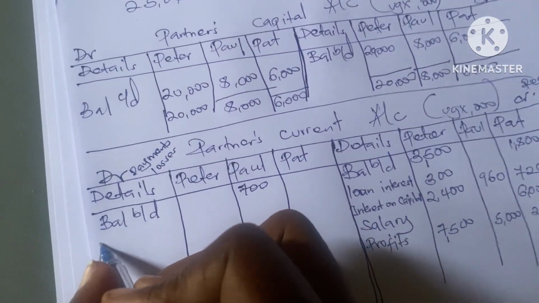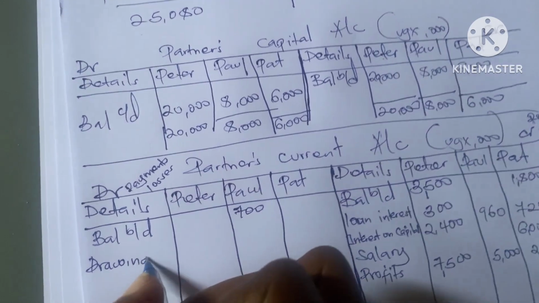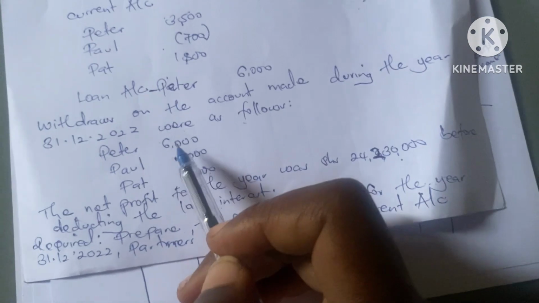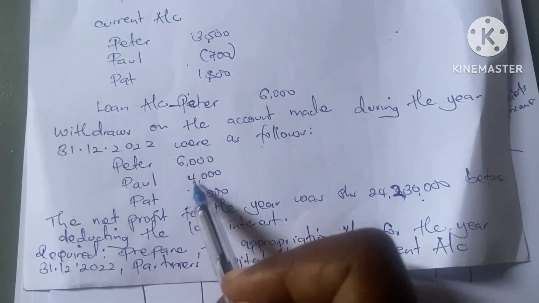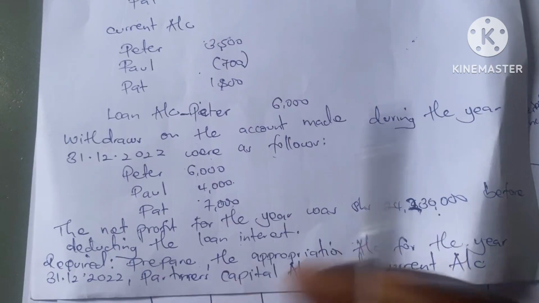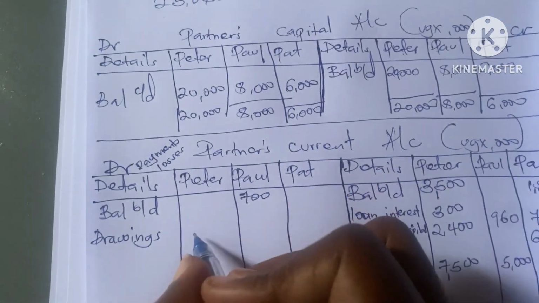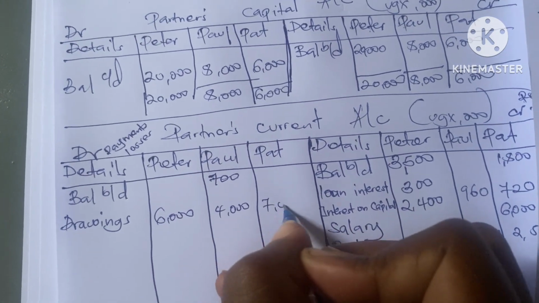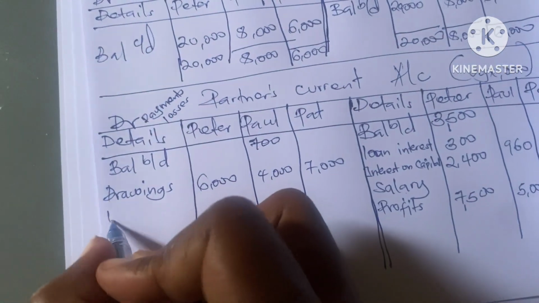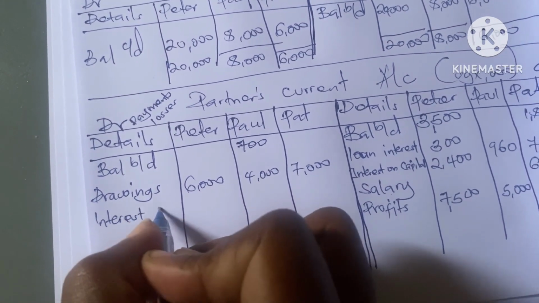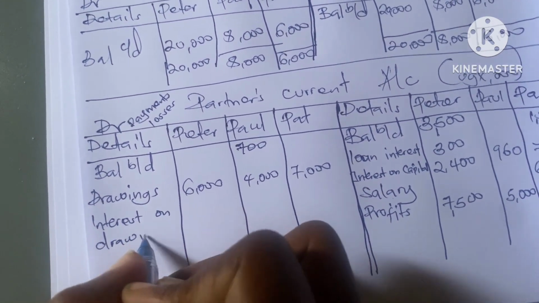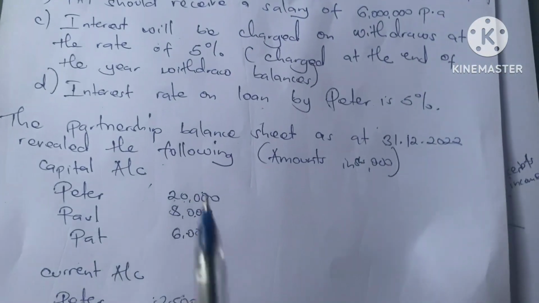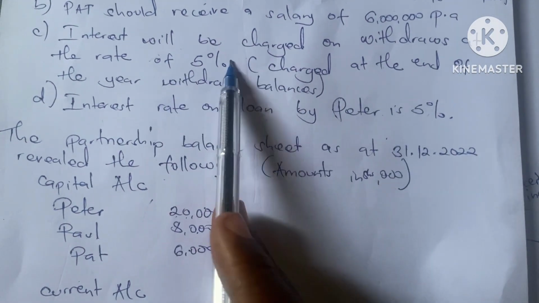Yeah, then we come this side. On this side, we write the drawings or the withdrawals. They have told us the drawings for the partners are these ones. So 6,000, 4,000, 7,000. Then we also write the interest on drawings. They told us interest will be charged at 5% on drawings.